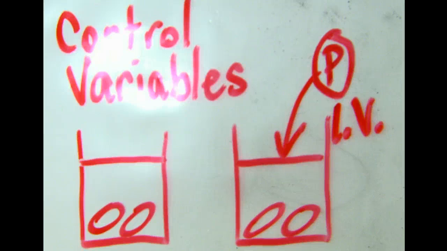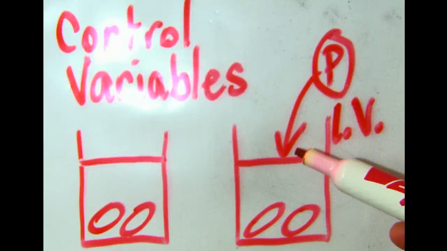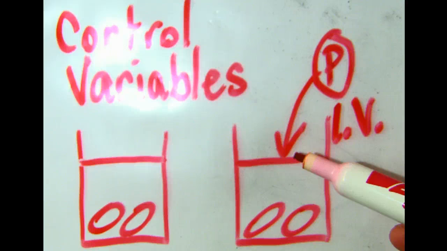And the independent variable is the one thing that we change. Now what I'd like you to do is have a mental model of that. Do you remember when I held up my finger? One thing we change is the independent variable, okay? So in this case, the independent variable is adding phosphate. So the phosphate is the independent variable. That's the one thing that we change.